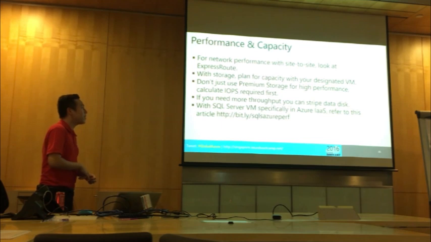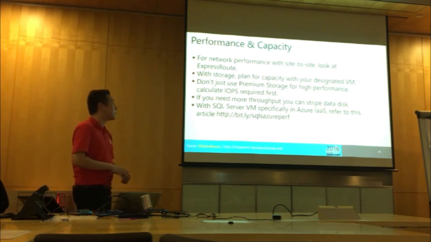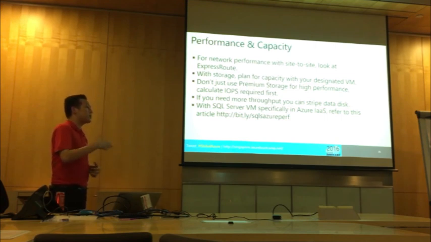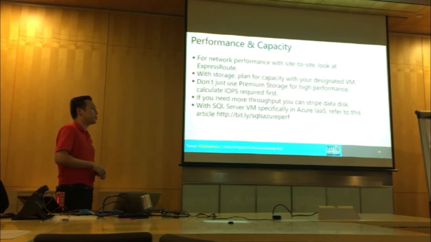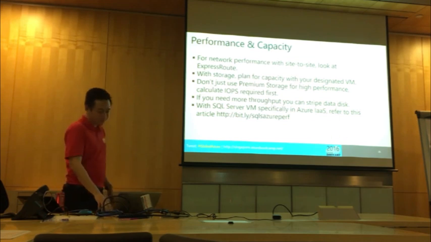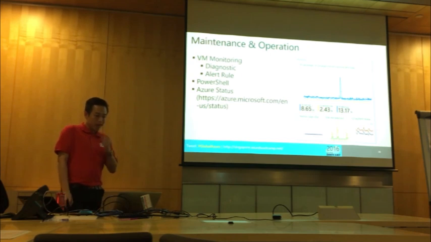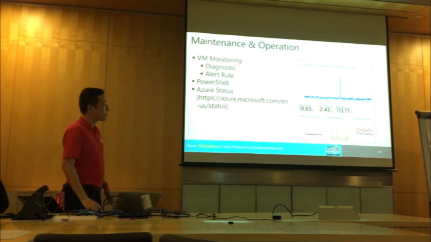With SQL Server VMs specifically in Azure, you can open this URL. Microsoft has many recommendations for optimizing SQL Server performance in Azure. For maintenance and operation, Azure has a VM module.